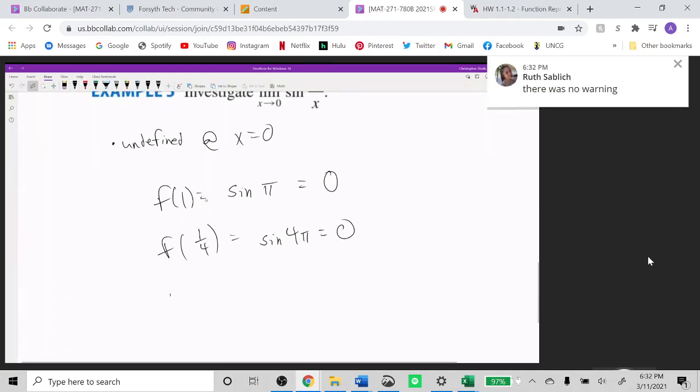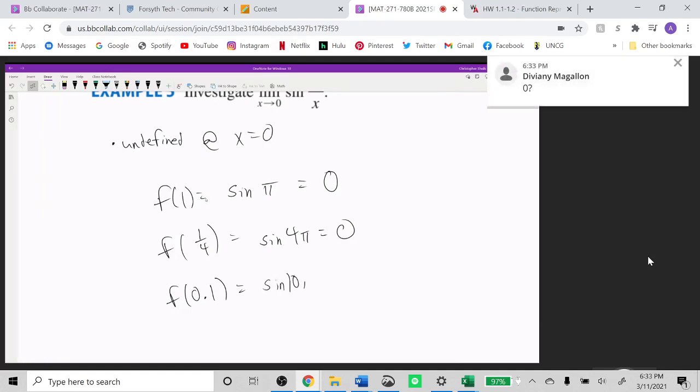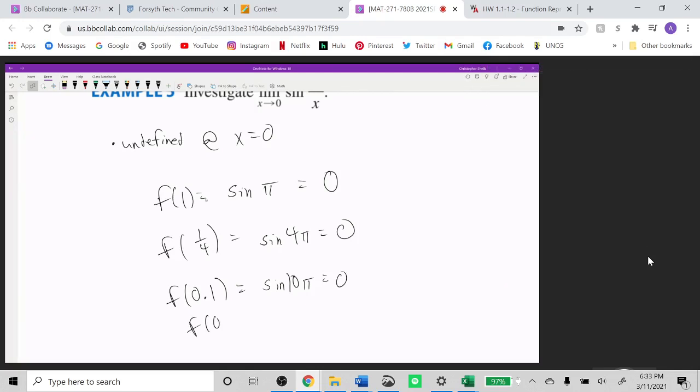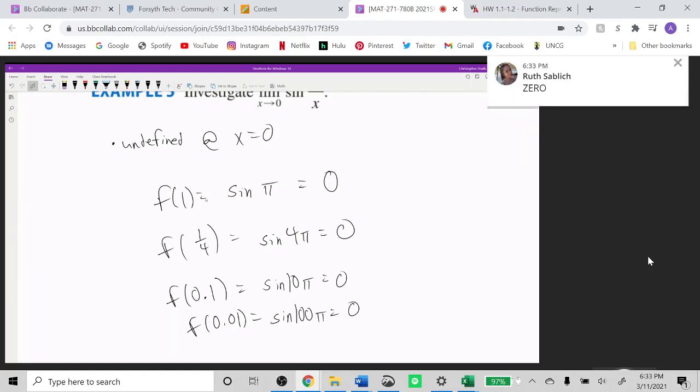What's f of 0.1? This ends up being sine of 10 pi. That's 0. What about f of 0.01? This is sine of 100 pi, which is, yeah, 0. Sine of n pi is 0, right?